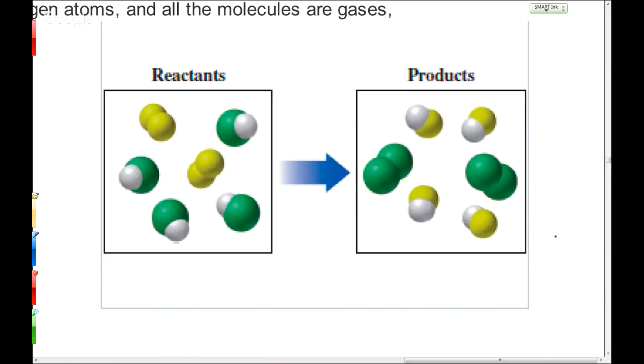So in this case, I believe the big green, what is the color look around here? The little ones are H, the big green ones are Cl, and the little yellow ones are F. And they're all gases. Can you write an equation for that reaction? So what are the reactants, and then what are the products, and then balance.